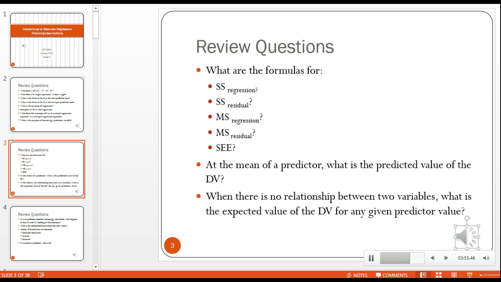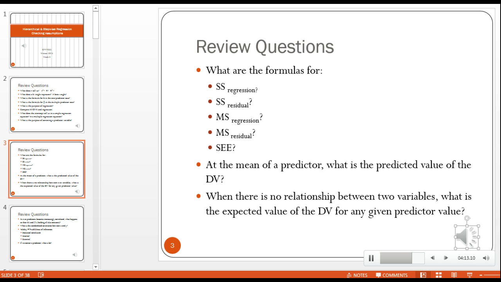MS residual, we divide that by the denominator dF, and that is n, total number of data points in our study, minus k, number of predictors, minus 1. So we divide SS residual by n minus k minus 1.